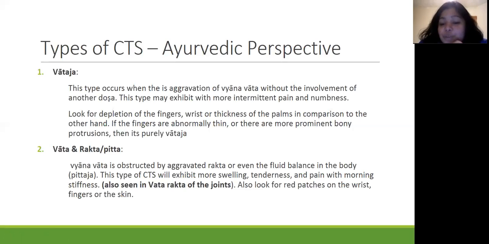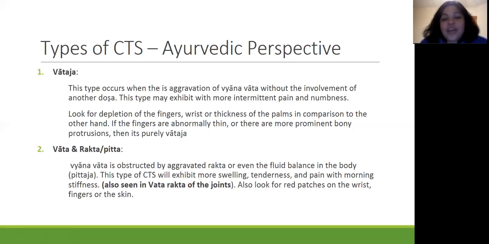It also, you want to look for, again, same indication of not just vata, but vata and rakta. So you want to look for red patches on the wrist, as opposed to it being blue, it may be red in this condition, where it's more red on the wrist or red in the fingers or anywhere on the skin. If there is excessive redness, it indicates again the aggravation of rakta as well as that affecting the flow or the movement of Vyanavata, okay, and localizing in this area.